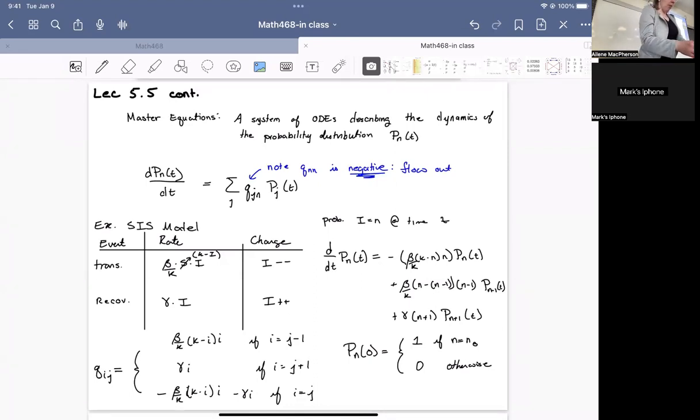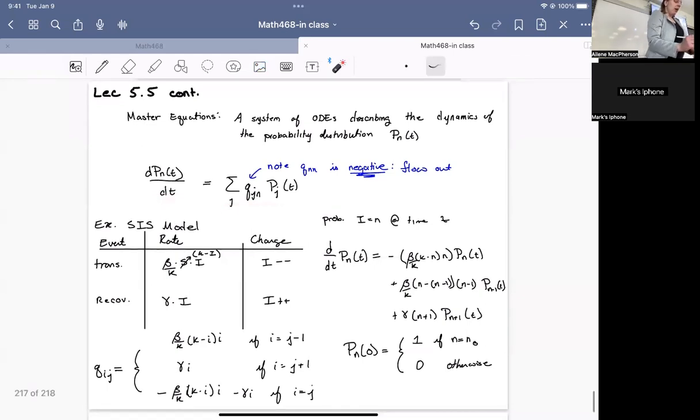And so the differential equation for a specific one of these master equations, the nth one, is given by this sum, where you have the probability of going from state J to state N times the probability of being in state J to begin with.